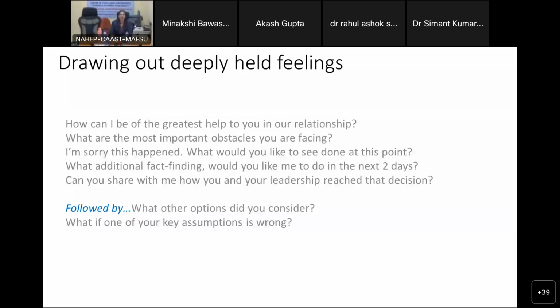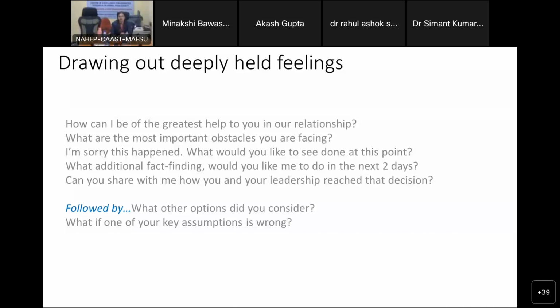And drawing out deeply held feelings. These are some questions related to feelings about your relationships, the obstacles that you feel maybe in your profession, in finances, additional fact findings.